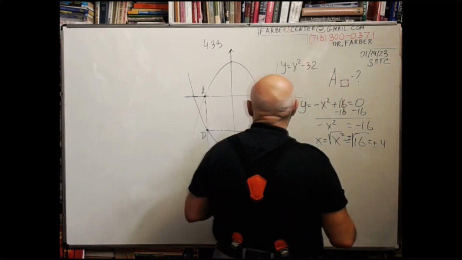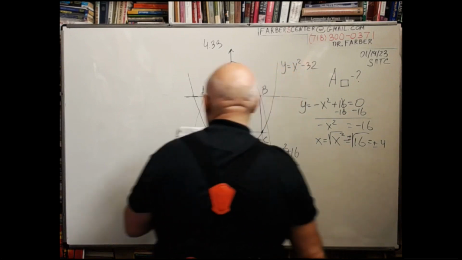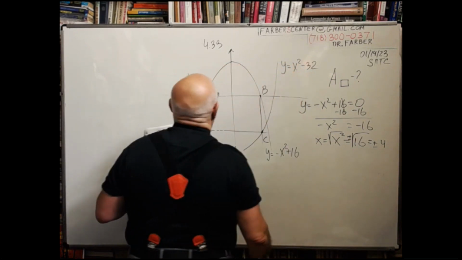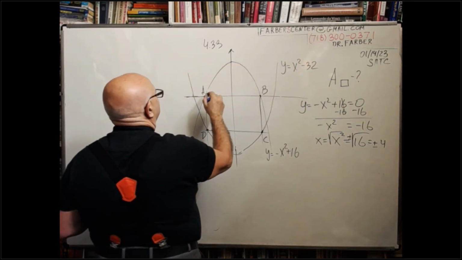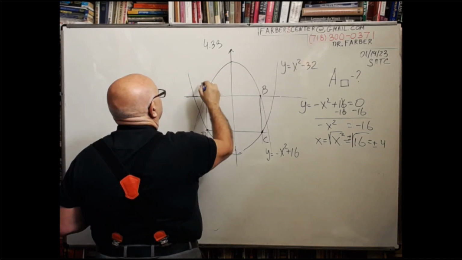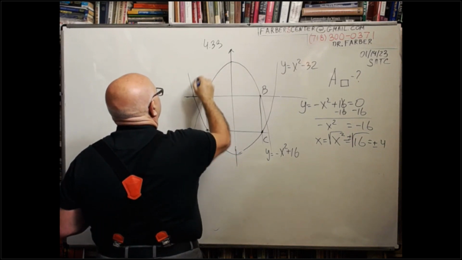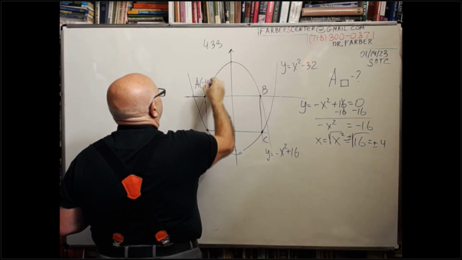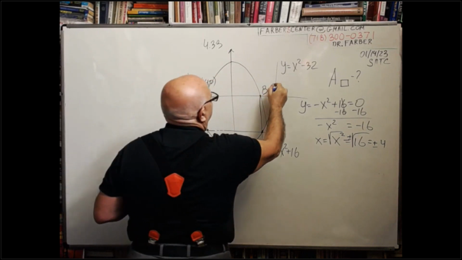And we found the coordinates of those 2 points, right? This is negative 4, 0. And this is 4, 0.